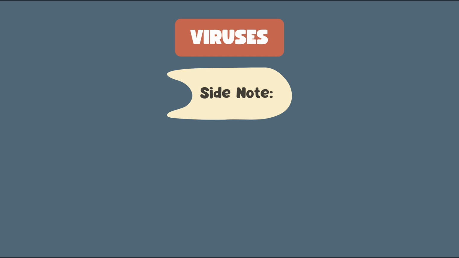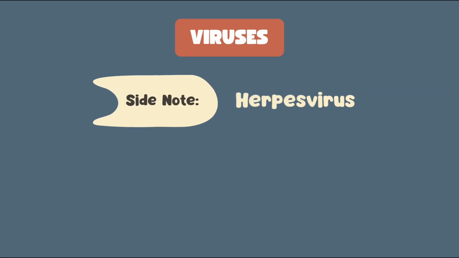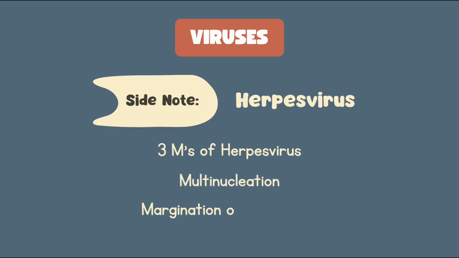Let's take herpes virus, for example. They cause what we call the 3 M's of herpes virus, which are 3 classical changes that we can see in herpes virus. And those are multinucleation, migration of chromatin, and nuclear molding.